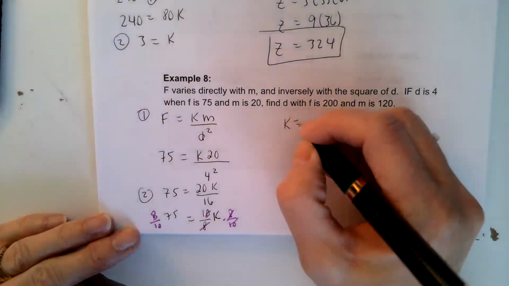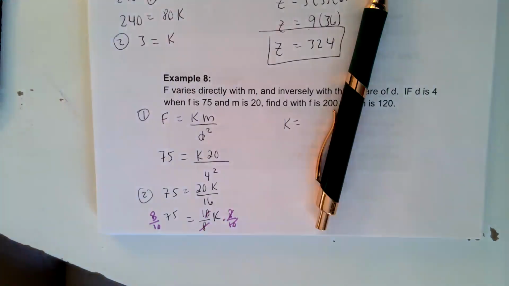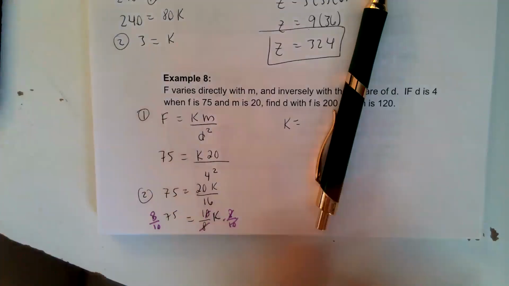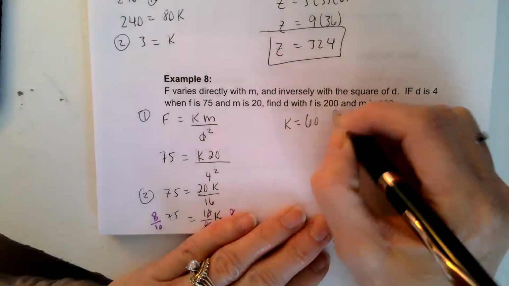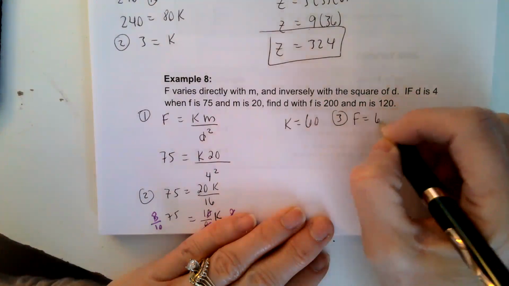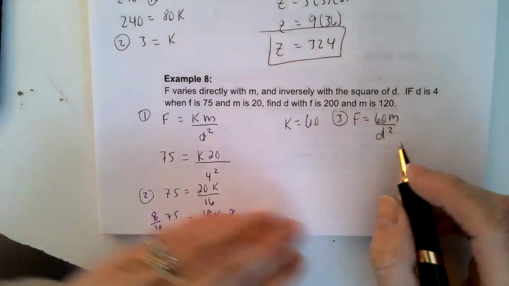So K equals, going to be a decimal. Oh, comes out to be 60. K is 60. So my equation is F equals 60M divided by D squared.